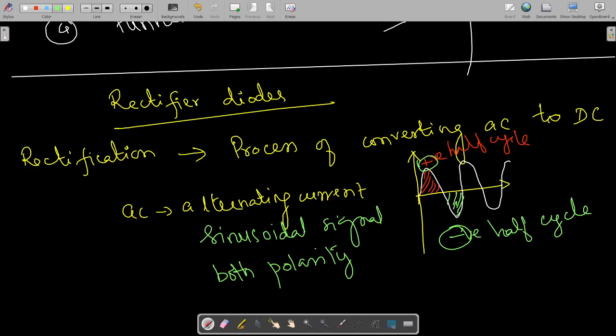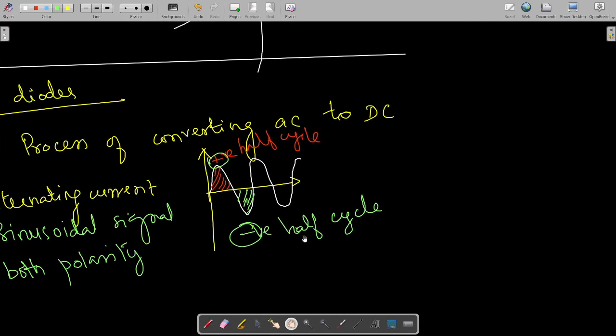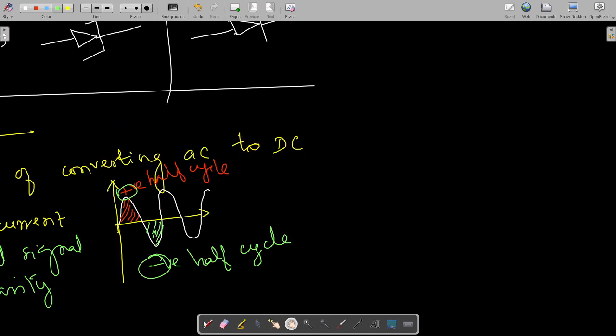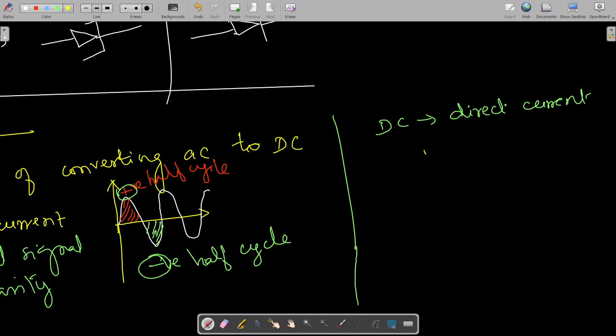Now what is a DC? DC means direct current, and AC is alternating current. With the help of a graph, this is the x-axis and this is the y-axis.